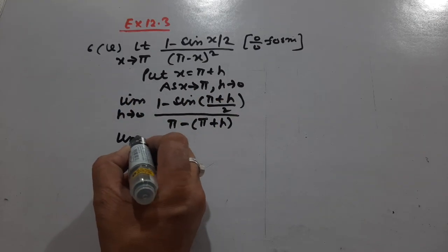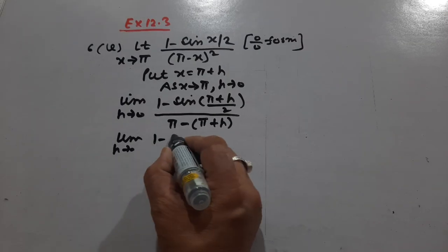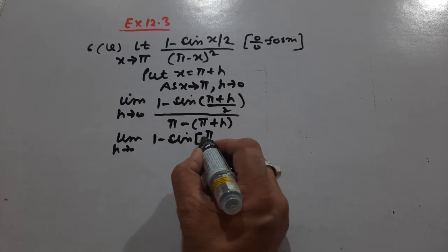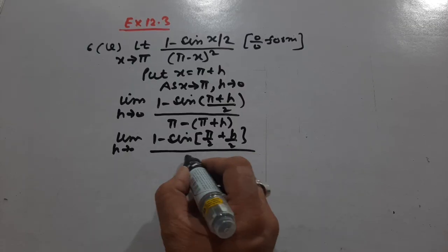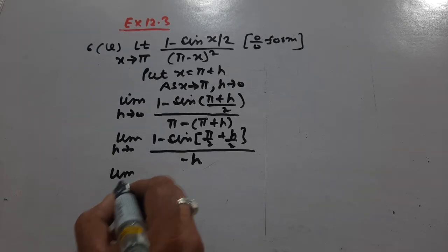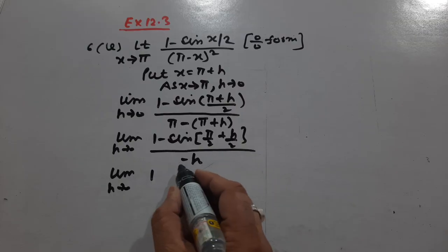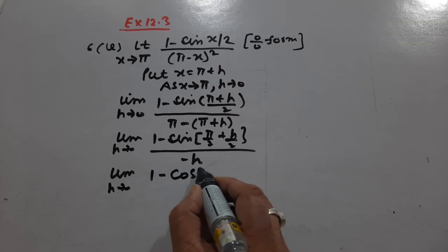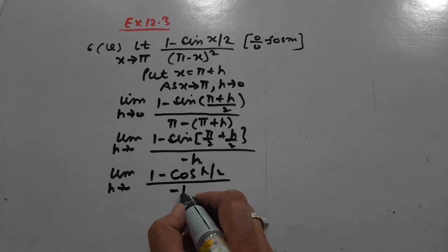So we get limit h tends to 0, 1 minus sine. Now separating, we get pi upon 2 plus h upon 2, and here we get minus h. So limit h tends to 0, 1 minus sine of 90 plus h, it lies in second quadrant. So this is equal to minus of cos h by 2 upon minus h.